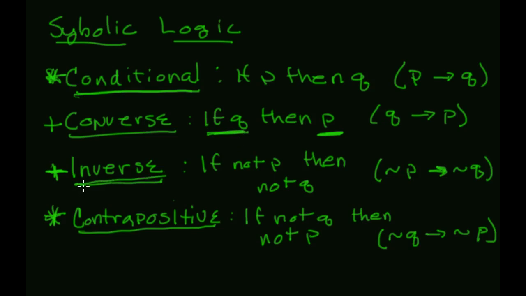The inverse would also be false in this case. If I am not a Garrison Forest student, then I am not a student at an independent private school. Well, again, a McDonogh student is not a Garrison Forest student, but they are a student in an independent private school. So the inverse and converse clearly don't have to have the same truth value as the conditional.